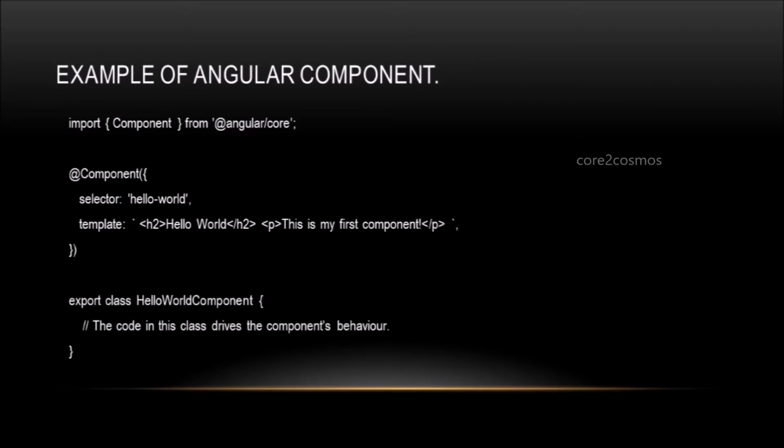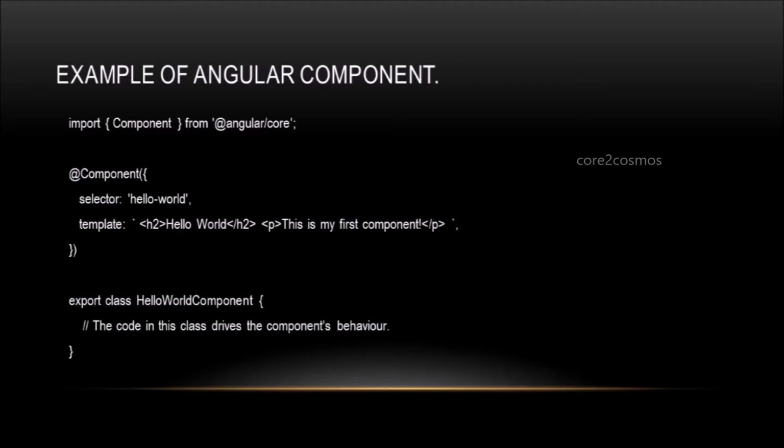This is an example of an Angular component. At line number 1, we say import Component from @angular/core. Basically, we are importing the Component type from the Angular core module. In the next line, we say @Component and then selector and template.